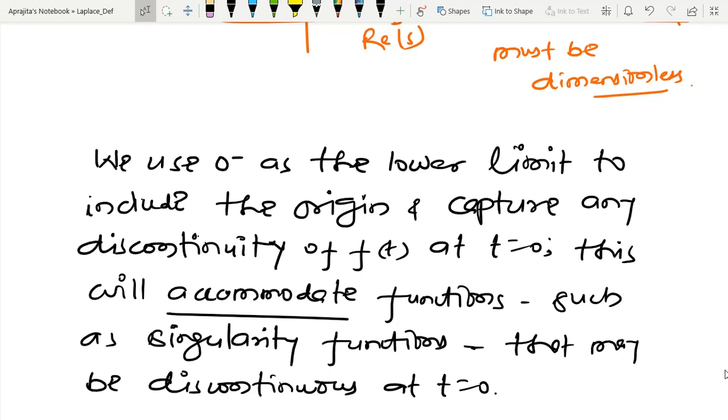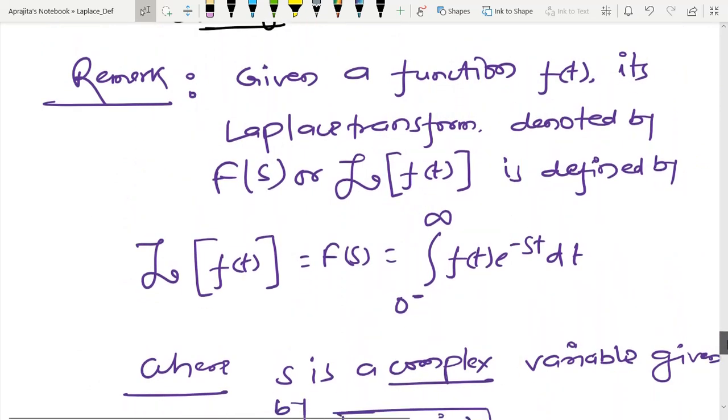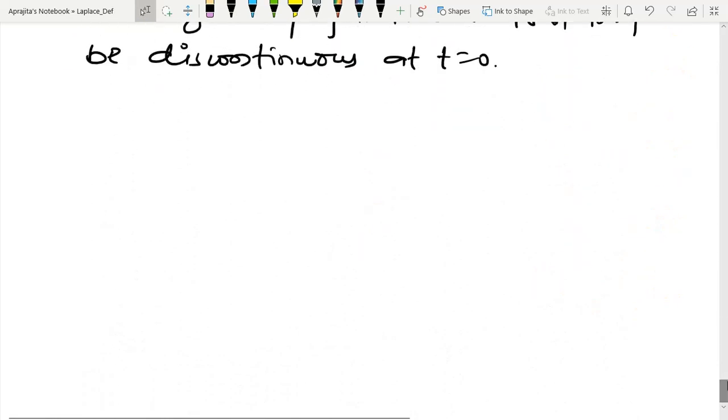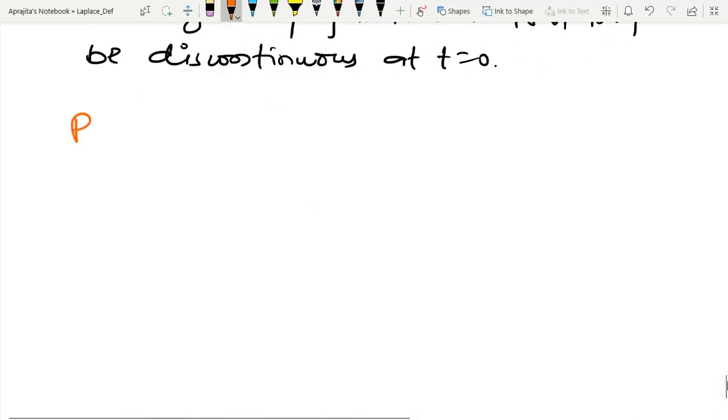So somehow I am now giving the proper physical interpretation of the modified Laplace transform, whatever I have written in the form of a remark. Here I have defined s as a complex variable. So basically, if you see the physical interpretation, let us write the physical interpretation.